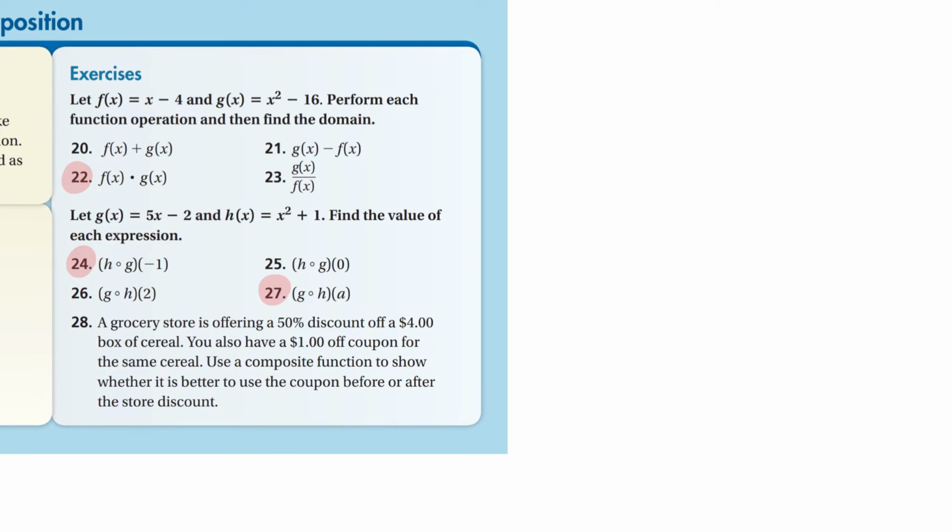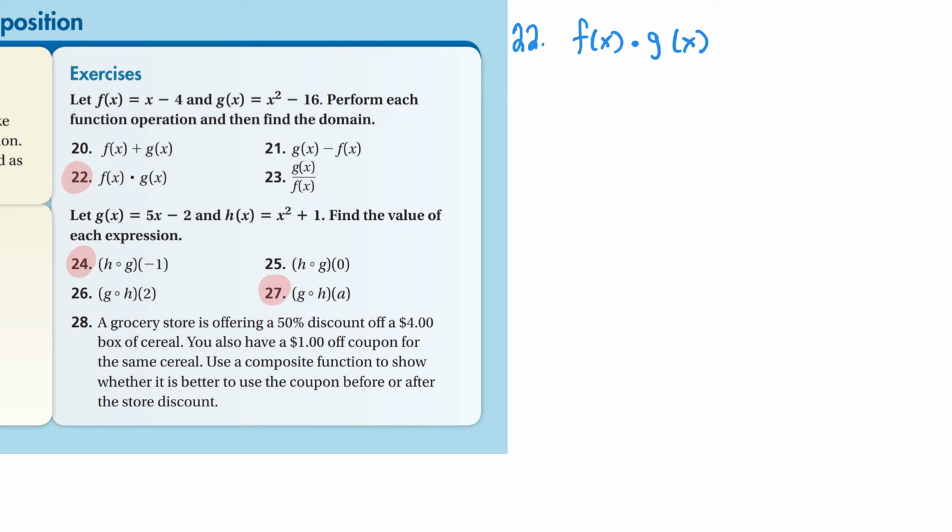Let's go ahead and read the instructions. We let f of x equal x minus 4 and g of x equal x squared minus 16. Perform each function operation and then find the domain. So for 22, we have f of x times g of x.